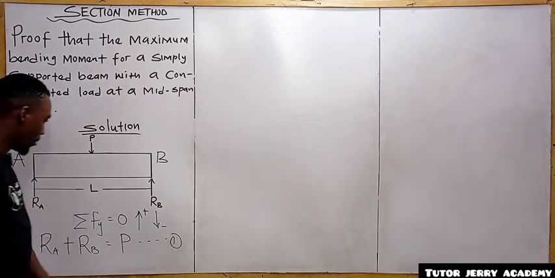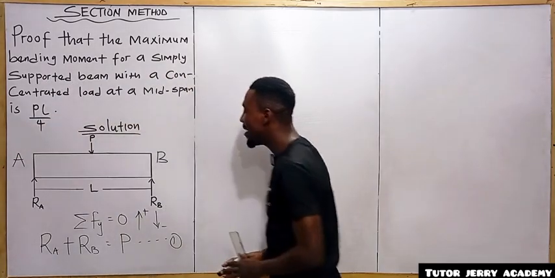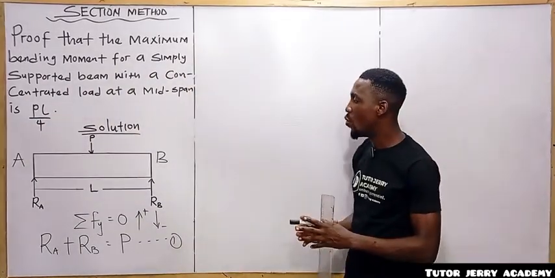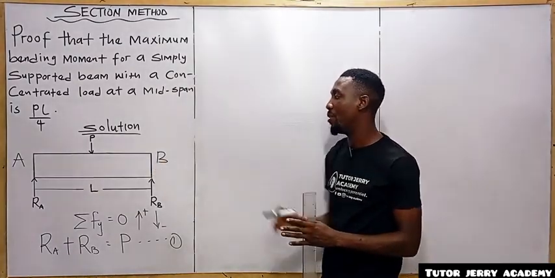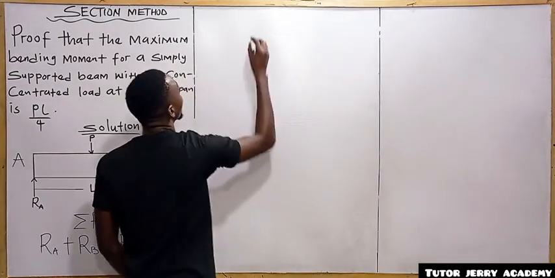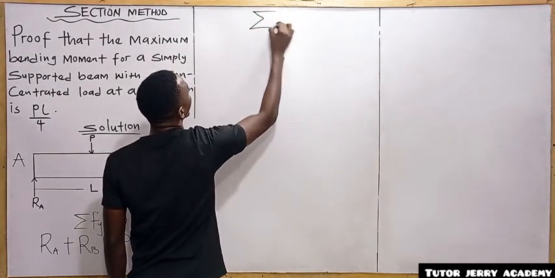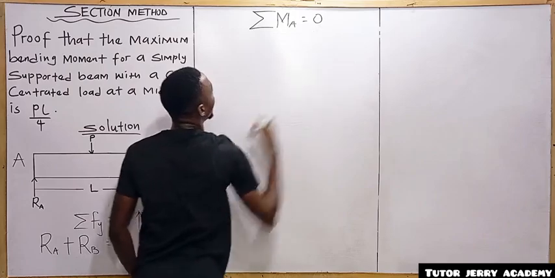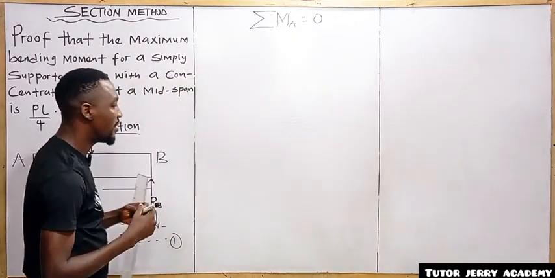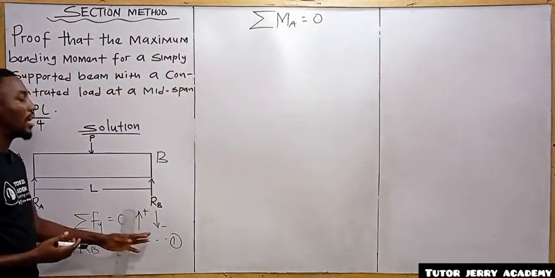Alright. The next thing we are going to do is take the summation of moment about point A, which should equal 0. Don't forget, we've already said upward force should be positive and downward force negative.